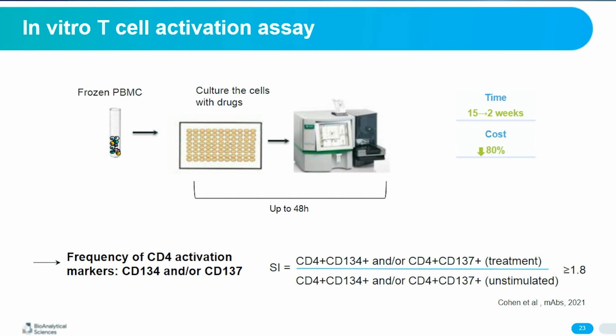By statistically looking at different molecules, we have found that an SI over 1.8, meaning that activation of those markers is 1.8 times that of the untreated cells, we will call a positive donor. This assay is currently used as part of the pipeline at Genentech to assess immunogenicity risk of biotherapeutics.